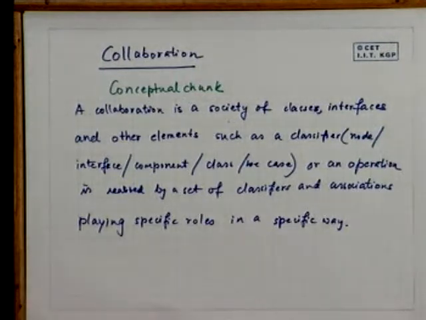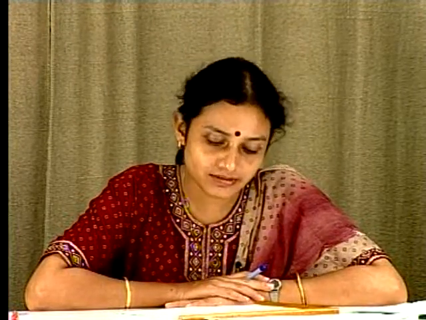So a collaboration is a society of classes, interfaces, and other elements such as classifiers or an operation, and is realized by a set of classifiers.